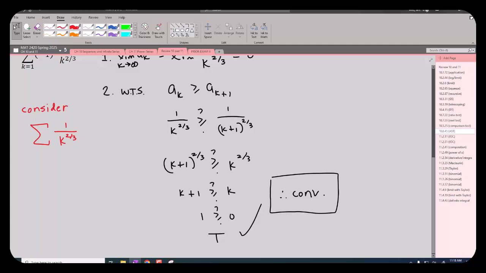We just take away the switch. This we recognize instantly as a p-series. We identify p, compare it to 1, and make a conclusion.